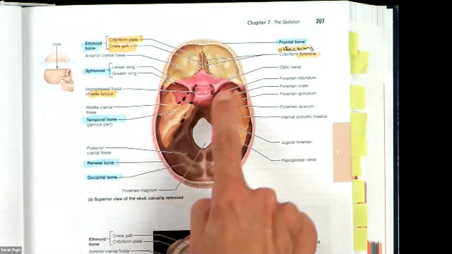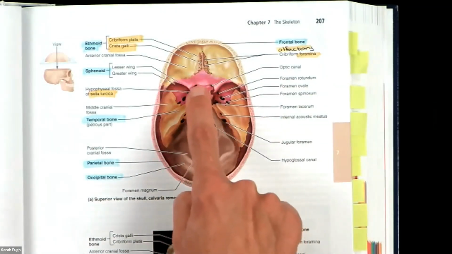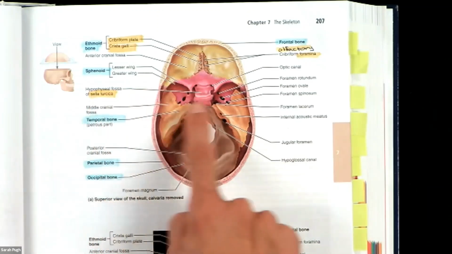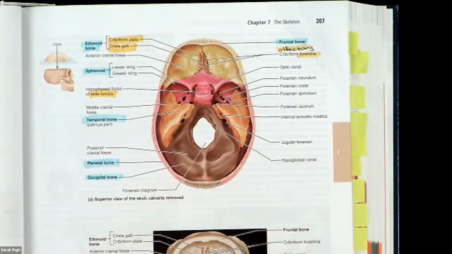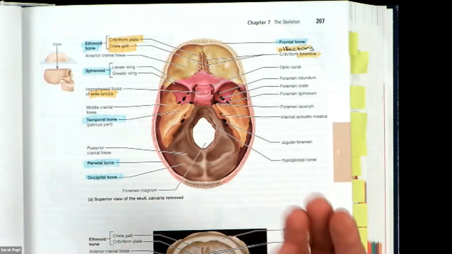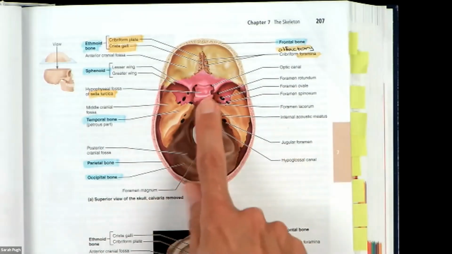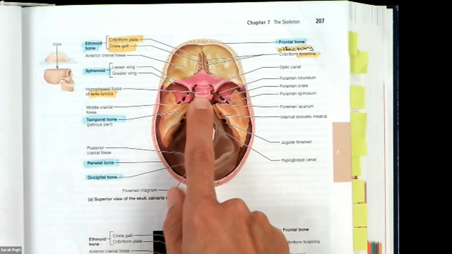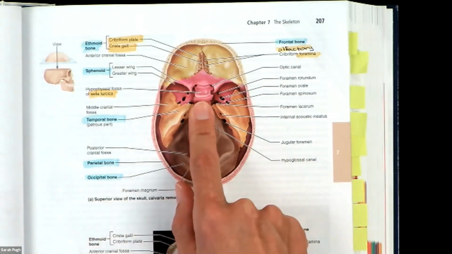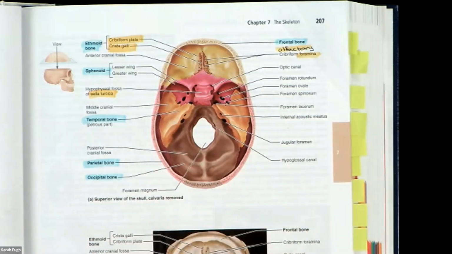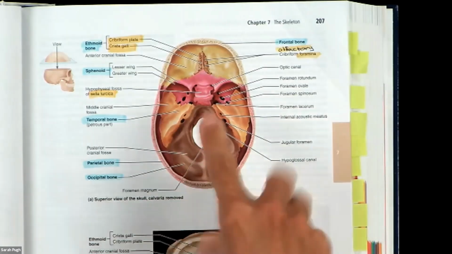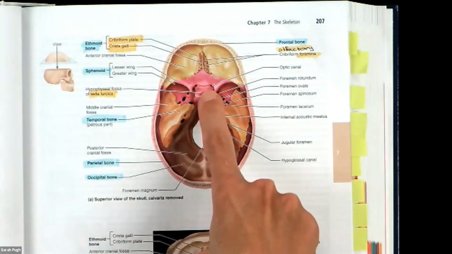Now back here in the sphenoid bone, you have another bone marking that I highlighted. And this bone marking, to me, looks sort of like a saddle, like a horse saddle. And we call it the sella turcica. This is here because the pituitary gland actually sits in the sella turcica.